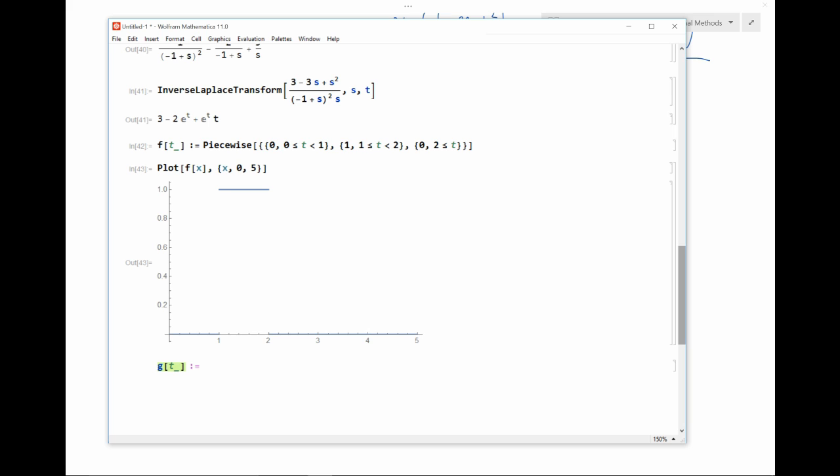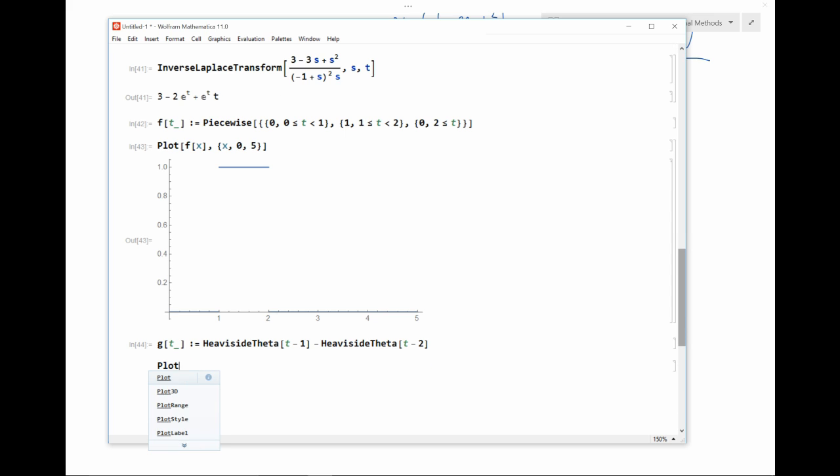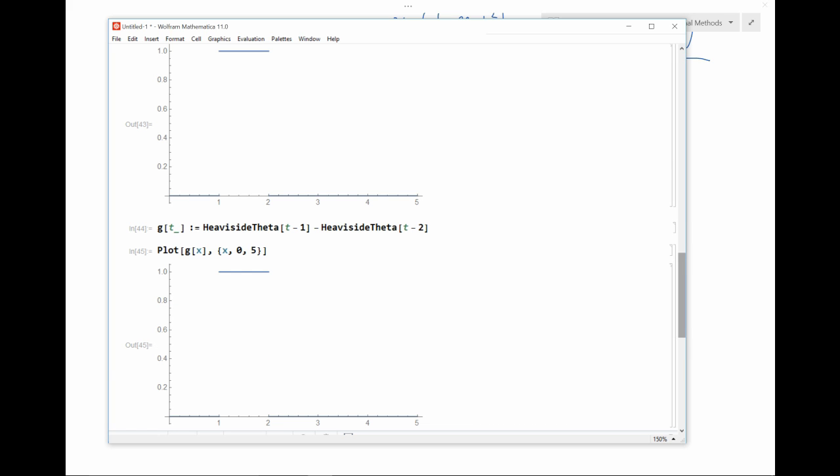So I'm going to define a new function g of t that does exactly the same thing as f of t, just to compare what's going to be different if we use g of t or f of t. So now g of t is a function that looks exactly the same as f.